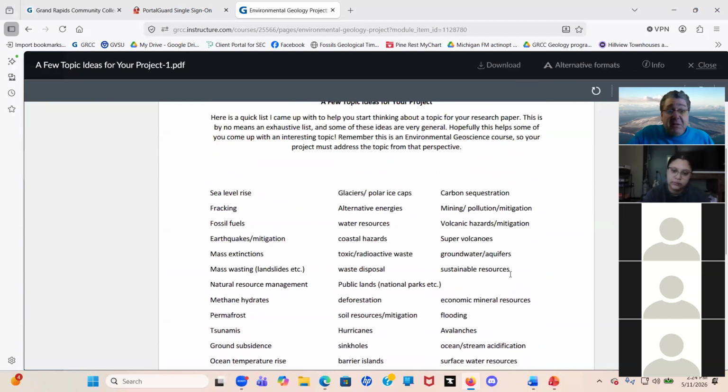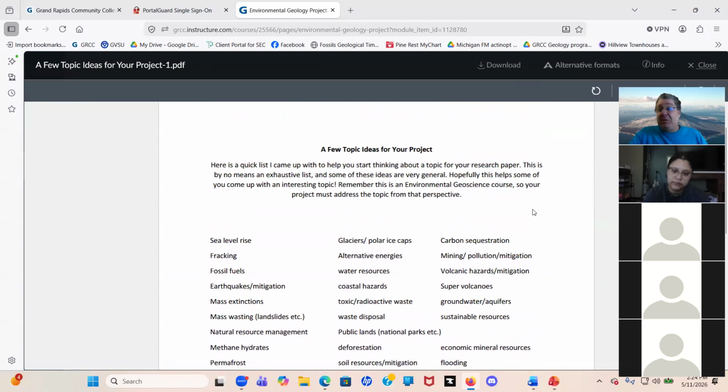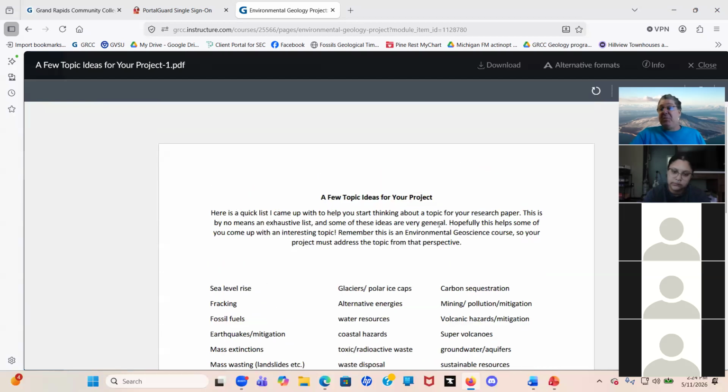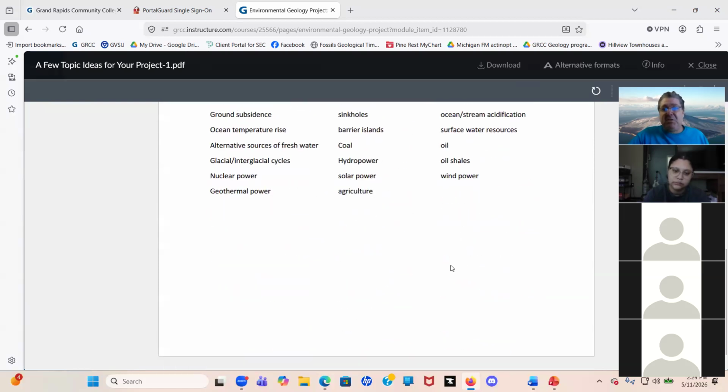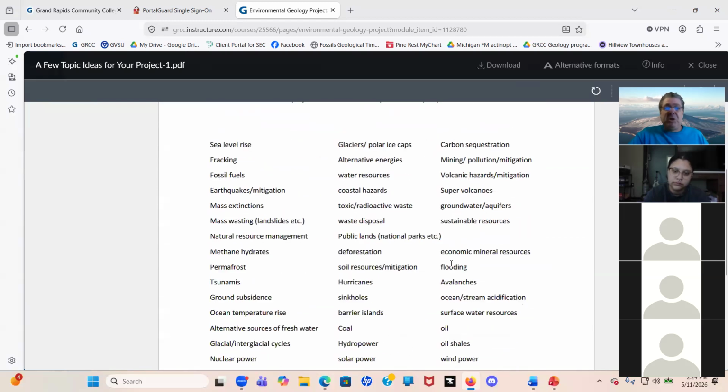I mean, just a short list of many, many possible choices. Again, if we can relate it to environmental geology, you can do it as a project topic. I've had fashion design people do what kind of earth resources are incorporated into makeup and clothing and that kind of stuff. So there's all sorts of things you can do, right? Don't take this as an exhaustive list by any means, but maybe just a jumping off point for your brain to start thinking about things.